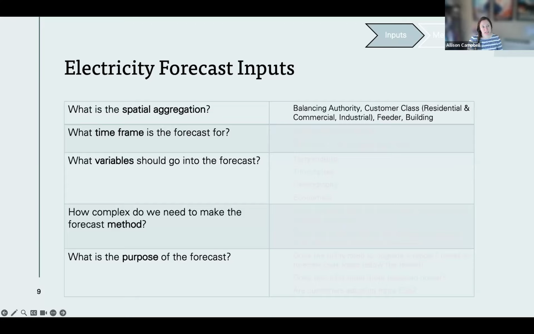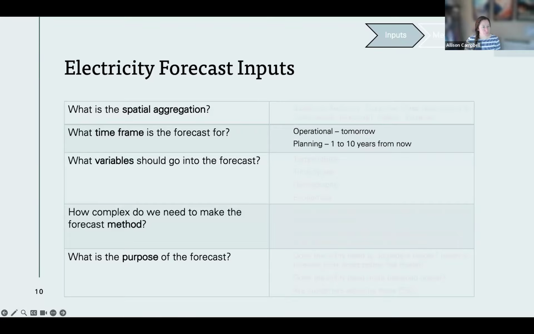So within that balancing authority, maybe we just want to look at the residential customers, or just the commercial customers, just the industrial customers. We could also just be looking at an individual feeder. We could also just be looking at an individual building or a set of buildings. And knowing that aggregation is going to impact how we develop the forecast.